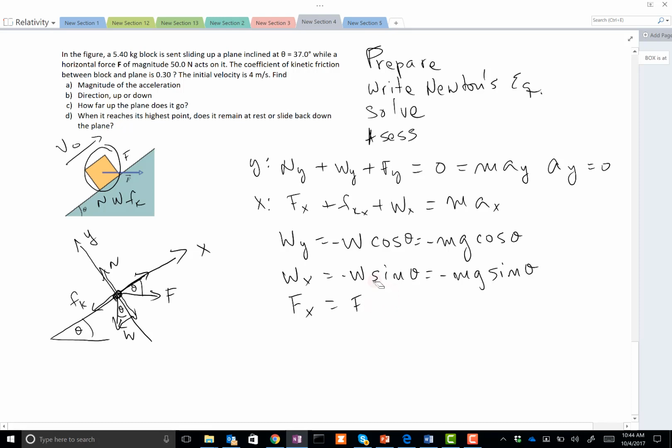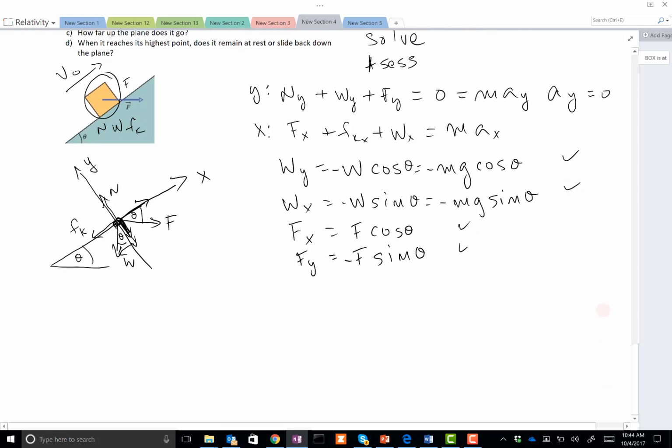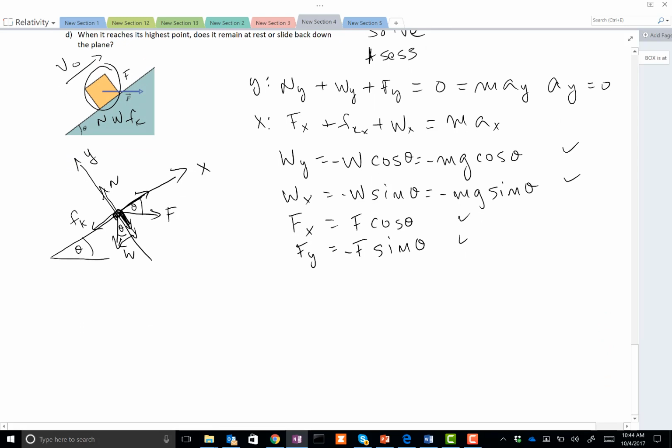And then the y component is also a component that points down in this direction, and that is F sine theta, but that is negative because it points down. So I have the components of the weight and the components of the force. So now the next thing we want to do is find the friction.